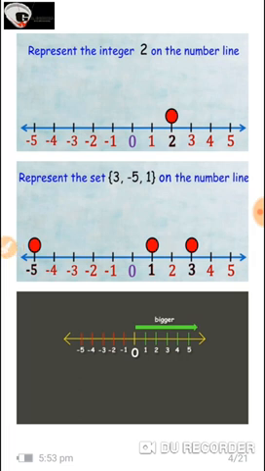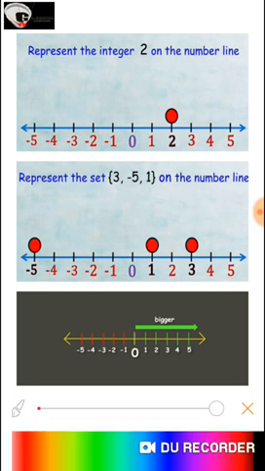Now, suppose we have to represent number 2 on a number line. So, the first step is that we are going to draw a number line. The second step is that we have to consider whether the number that we are going to represent on a number line is a positive integer, a negative integer, or a 0.